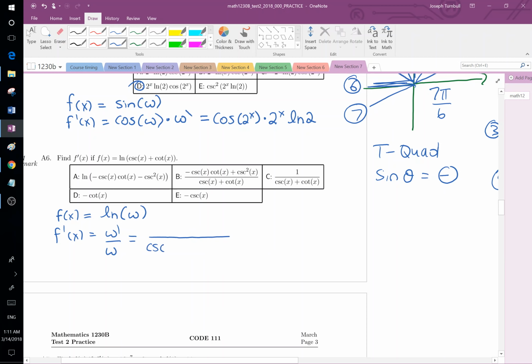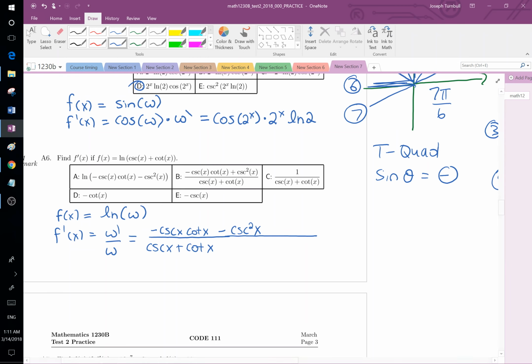So cosecant of x plus cotangent of x. Now upstairs goes the derivative of what's inside. The derivative of cosecant of x is negative cosecant of x times the cotangent of x, and the derivative of cotangent is negative cosecant squared of x.